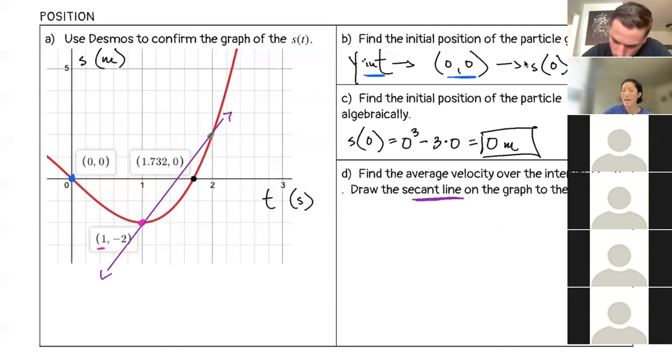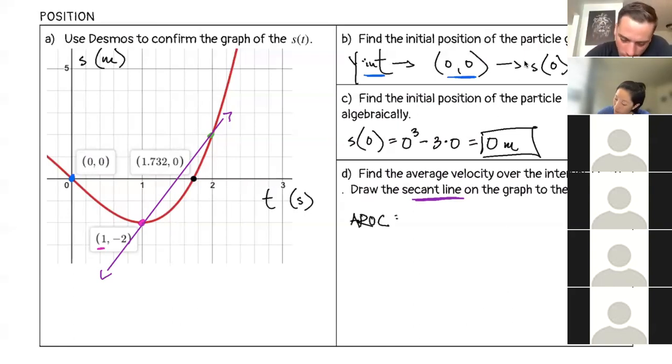And what am I asking you to find in part D? I know it says average velocity, but what am I asking you to find? Excellent. We are looking for the average rate of change.